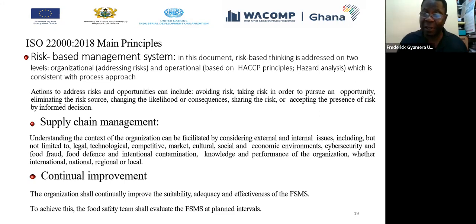What are the external? The externals are the ones that you cannot control, but you manage it from within, from your internal systems. Whether they are going to ban the fizzy drinks, you don't know. But that's an external, and that is what? Something that is linked to your risk and something that is linked to supply chain management, so that you don't stock so much sugar, because the time will come you don't even need the sugar.